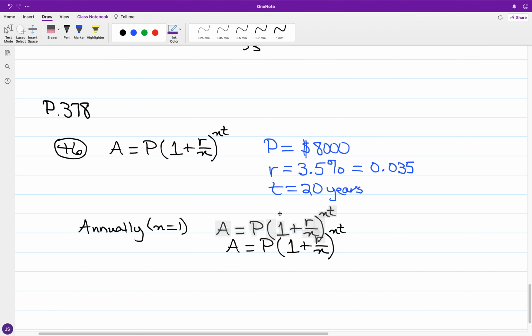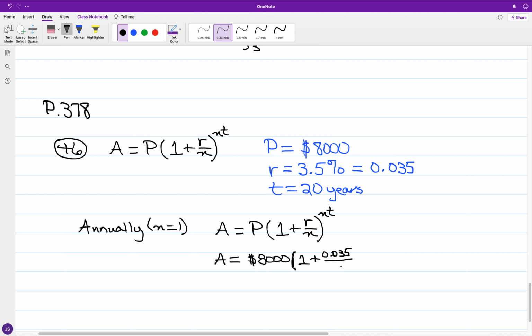So we have this formula, with n equal to 1. Again, P we have at $8,000, and r we have at 0.035, over 1, and we have 1 times 20.